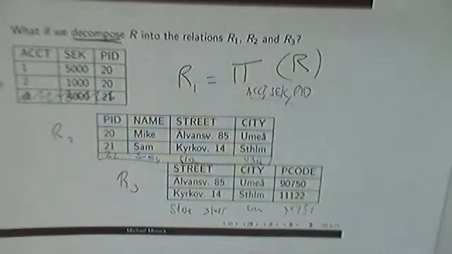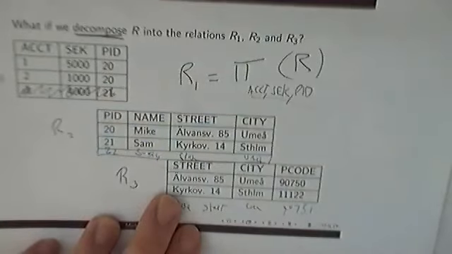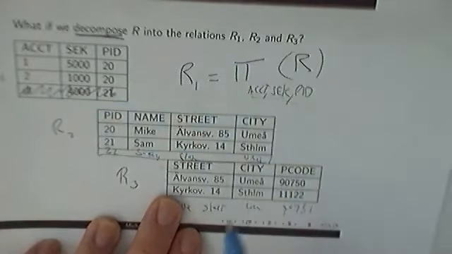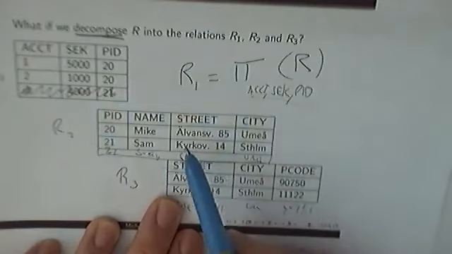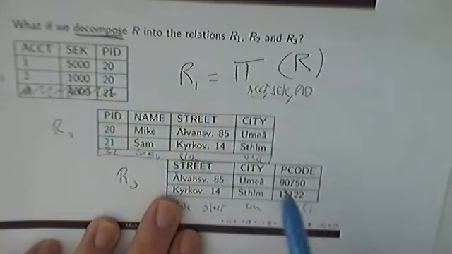Okay, there's a question here: if the address is changed in R3, right here. So here's the thing about that. I don't want to get too into that right now, but basically the way this would be designed is that you would have a foreign key going from the street city to street city here.